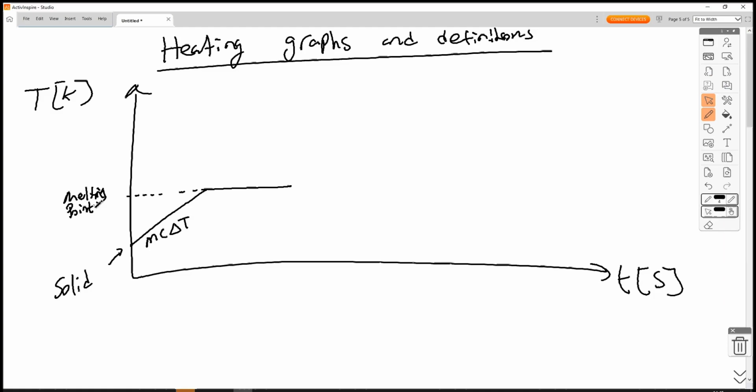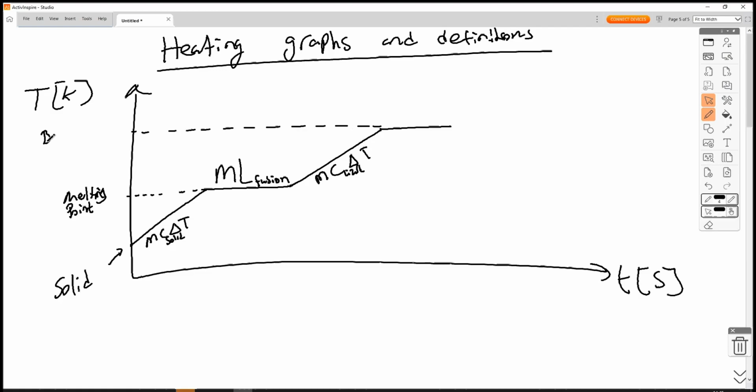So here we've got M, L, but it's not ML vaporization, it's ML for fusion. So ML, and I'll write in subscript, fusion. Then, once it's all turned into liquid, the temperature can rise again. So this again is mc delta T. But here it's the C for the solid, and here it's C for the liquid, which can be different. Then it remains constant again for a while.